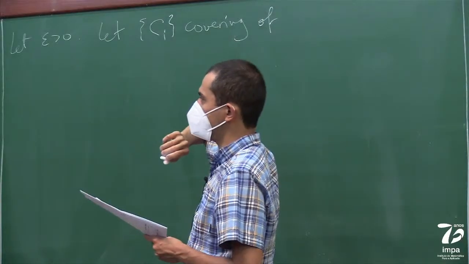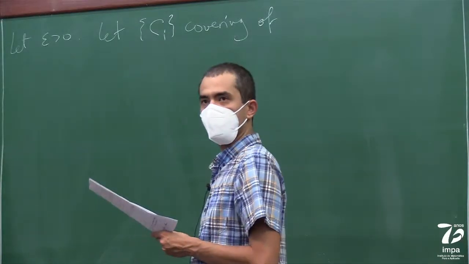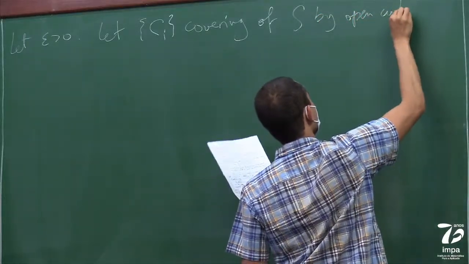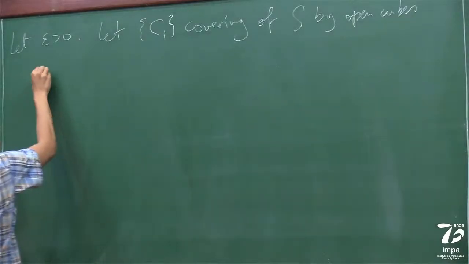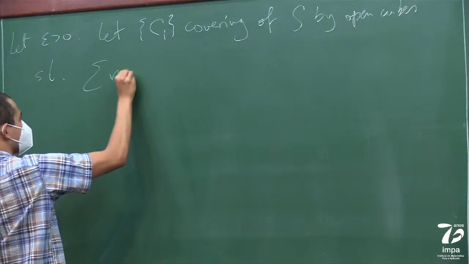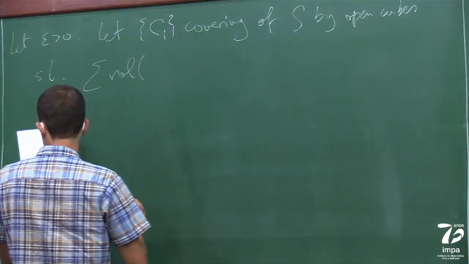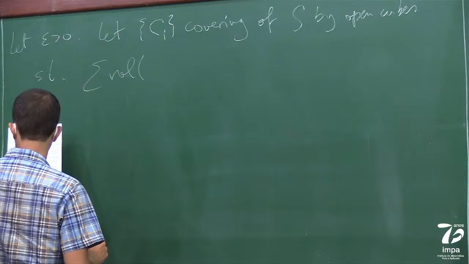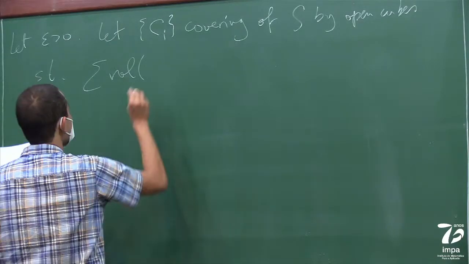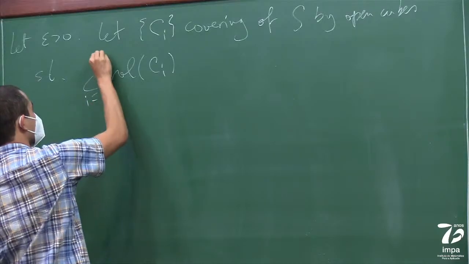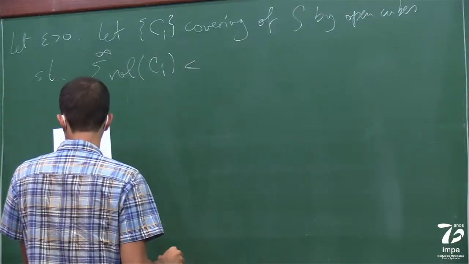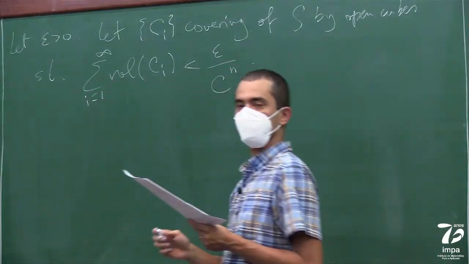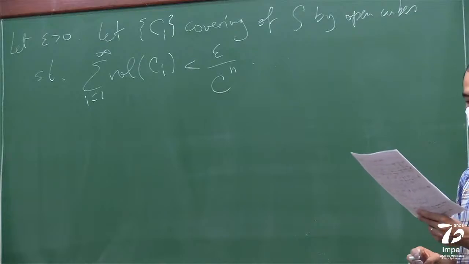Since S has measure 0, we can find an open covering of S by open cubes, such that the total volume is less than or equal to epsilon over c to the n, where c is that constant.